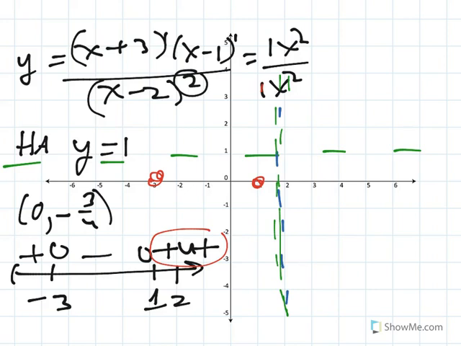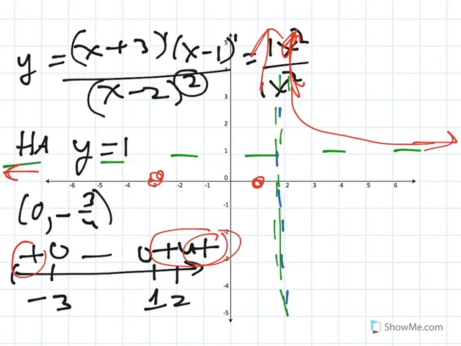That means we have this thing going on and that. This plus here suggests that it probably goes like that. And this plus here means it probably goes like that, although there is a chance it crosses the asymptote if it's a horizontal asymptote.